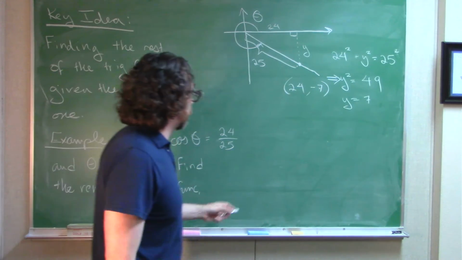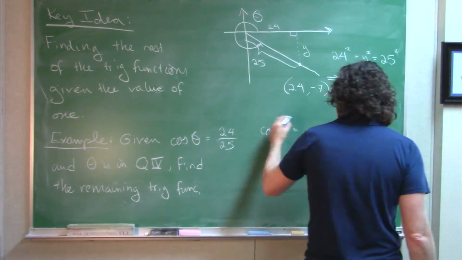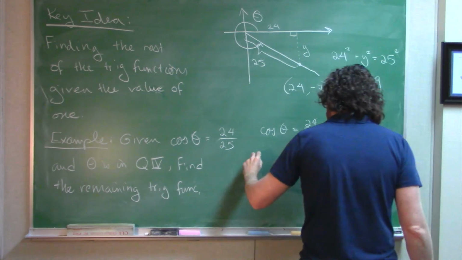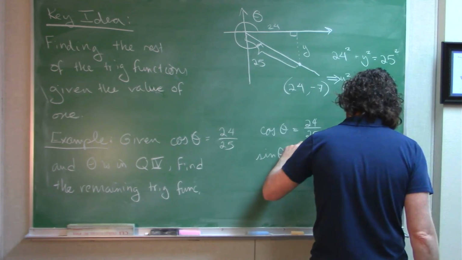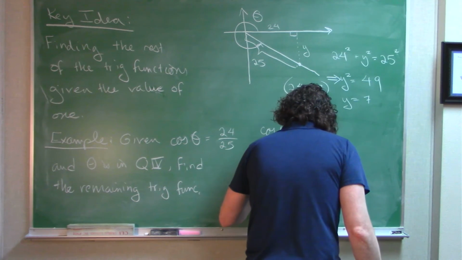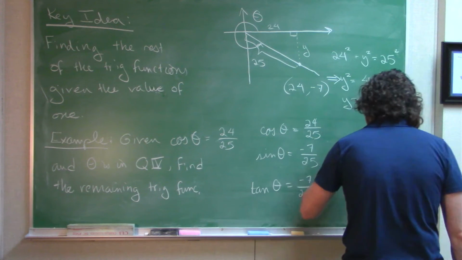All right, so let's knock out the trig functions. Cosine theta, well, we were given that value. It's 24 out of 25. Sine theta, -7 over 25. Tan theta, y over x, -7 over 24.